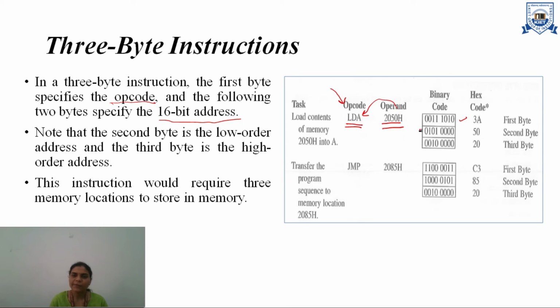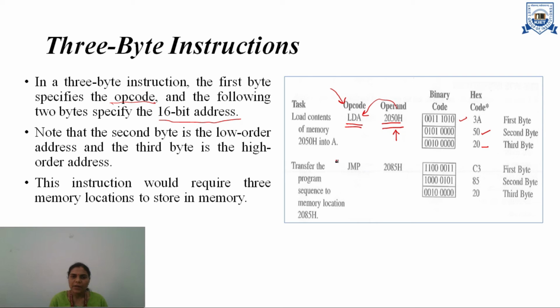Next, the second byte will specify the lower order bits of the address, which are 50. The next byte, the third byte, will specify the higher order address bits. Here we have taken this example. You can take any other address too.